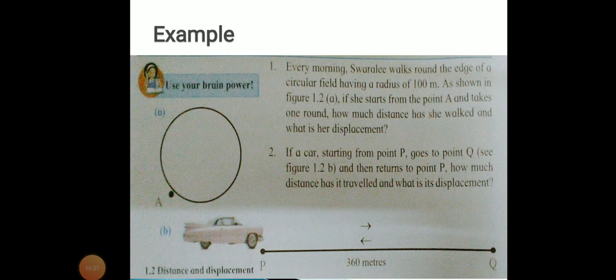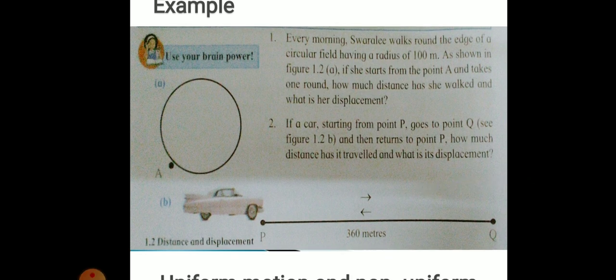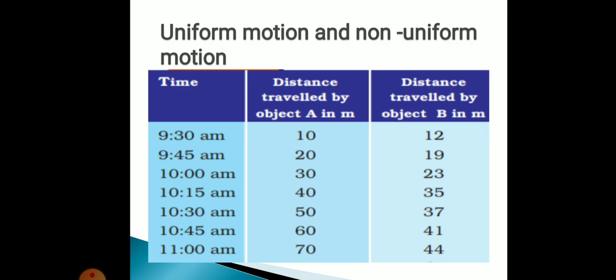Now let us learn the concept of uniform and non-uniform motion. Before that, observe this table. There are two objects, object A and object B. And the distance traveled by object A and object B is given in this table with respect to the time.